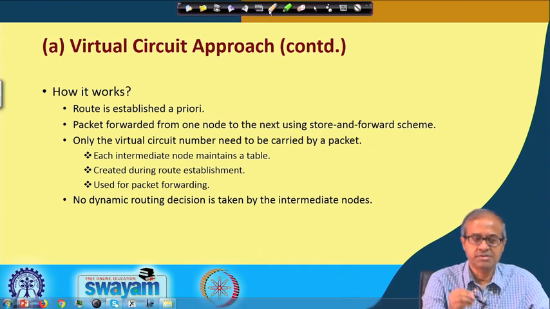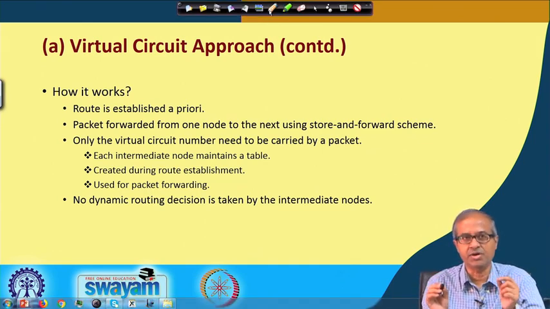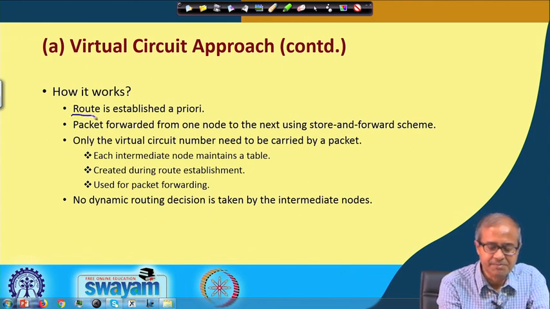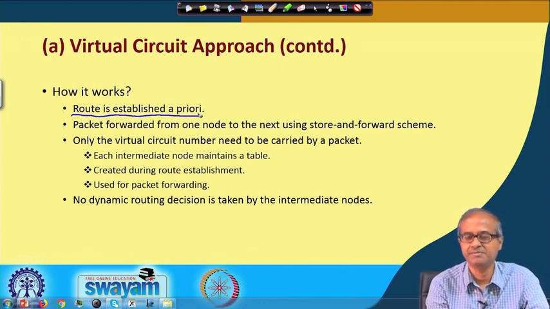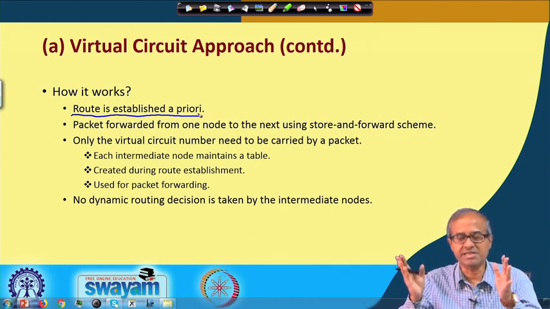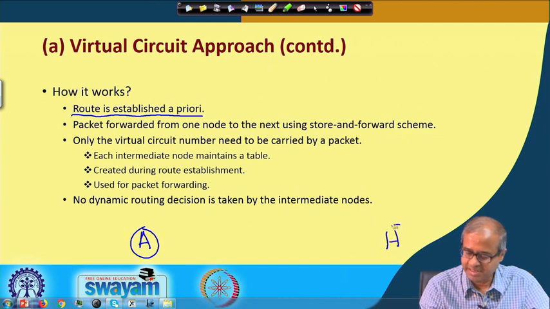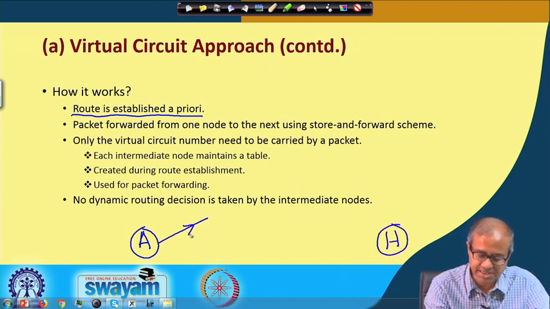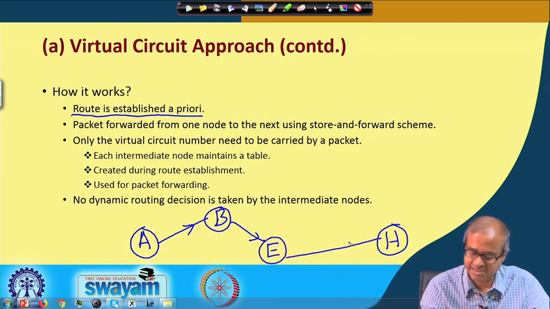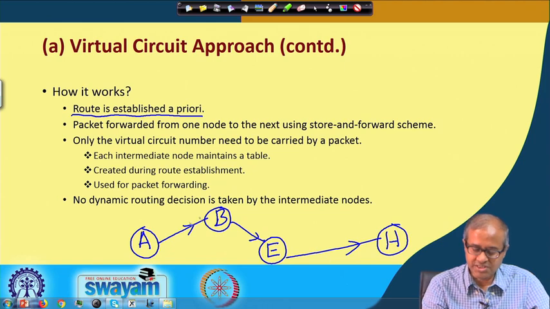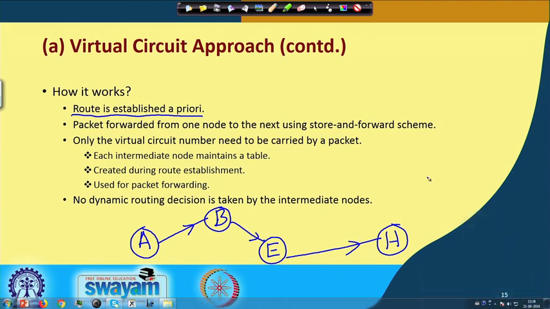Now, talking about some detail of how it works, as I said, in the first step for virtual circuit the route has to be established. Once a route is established, suppose a node A wants to send some data to a node H. Let us say the path is established as follows: A to a node B, B to a node E, E to H. Once this path is established, each virtual circuit will be given a virtual circuit number.